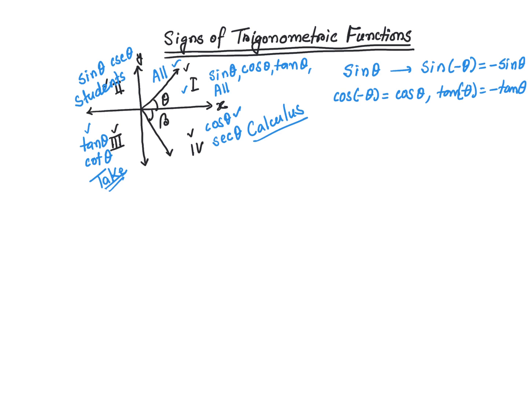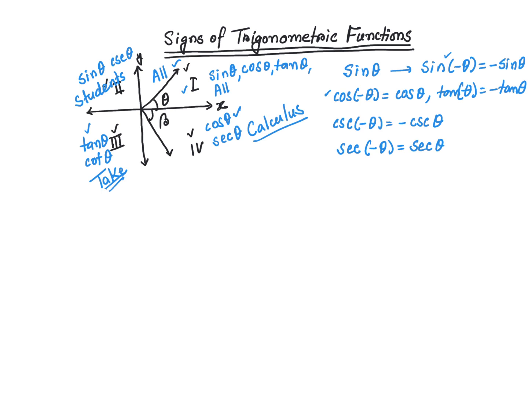So sine of negative theta is negative sine of theta. So cosecant of negative theta, the reciprocal of this, is going to be negative cosecant of theta. Then for cosine of negative theta, secant of negative theta is going to be just secant theta.